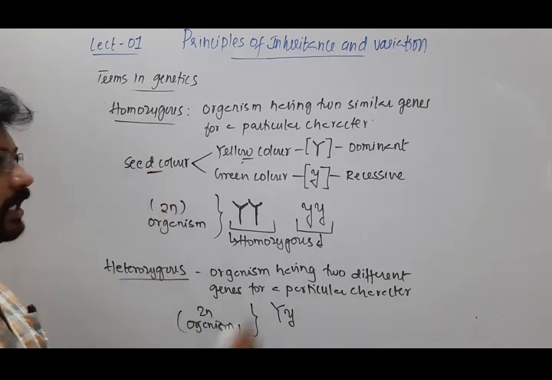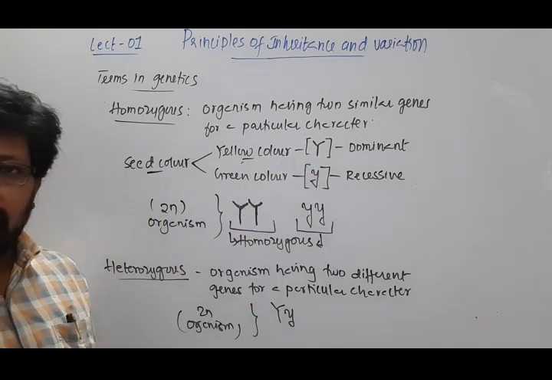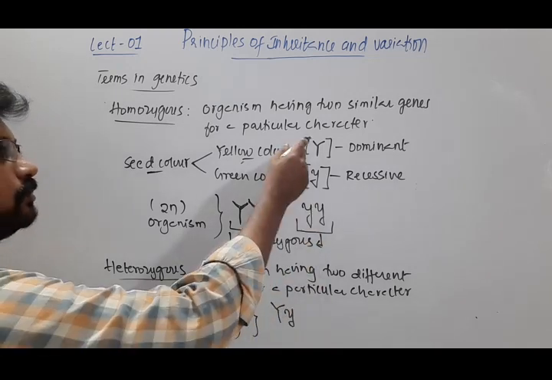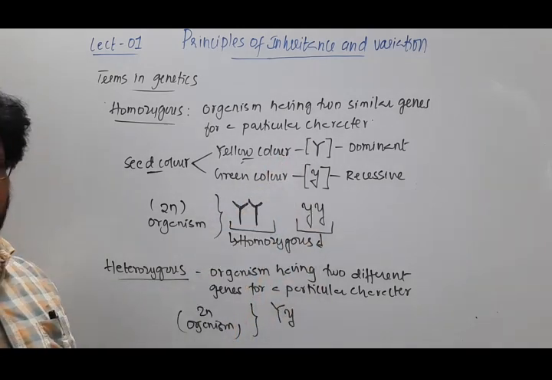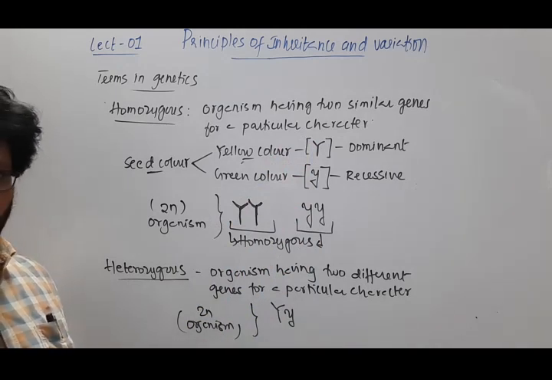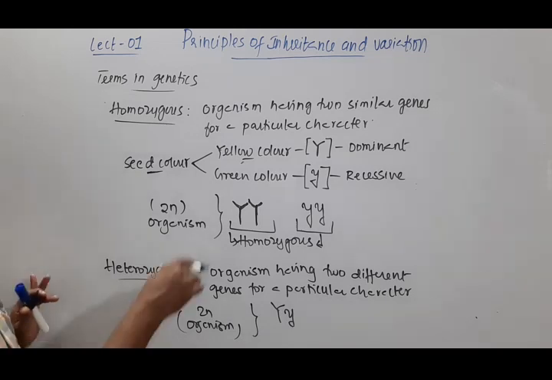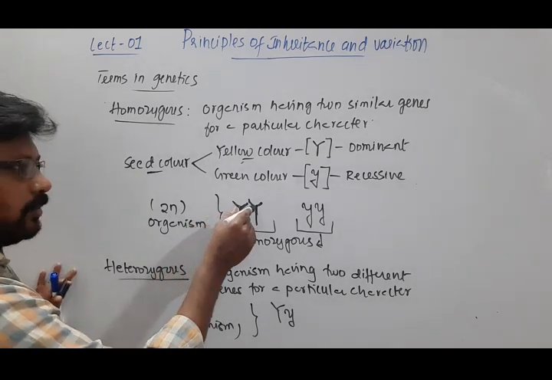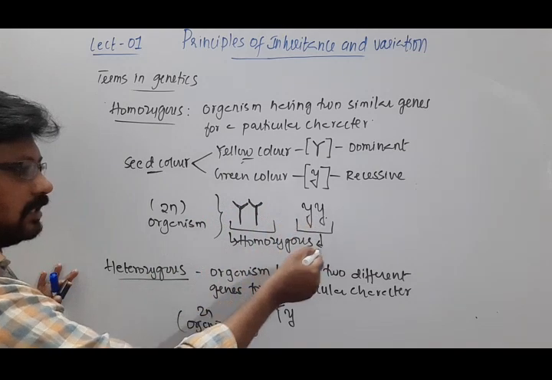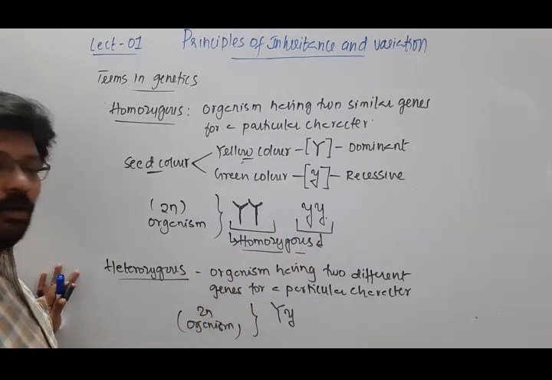For seed color I have taken the letter Y, in which you mention the dominant with the capital and recessive with the small letter. That's a rule we need to follow. So if both are dominant or both are recessive, the condition is homozygous.